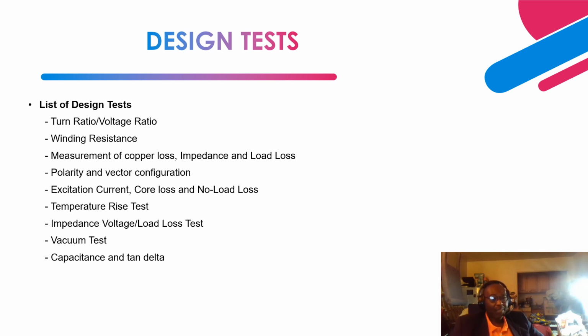Next test is a measurement of the copper loss. Once we're able to determine the winding resistance, during the short circuit test, or load loss test, we short circuit the low voltage side and apply 5 to 15% or 5 to 10% of the rated high voltage until we achieve rated current flowing through the transformer.